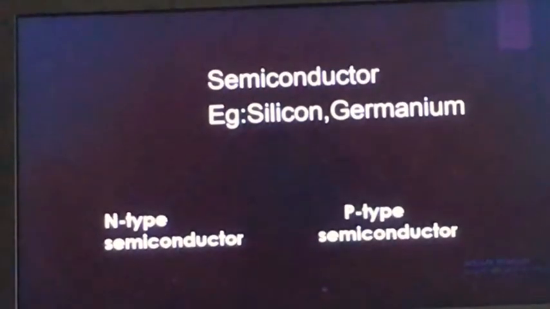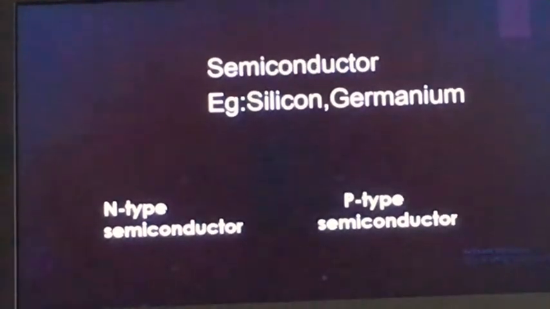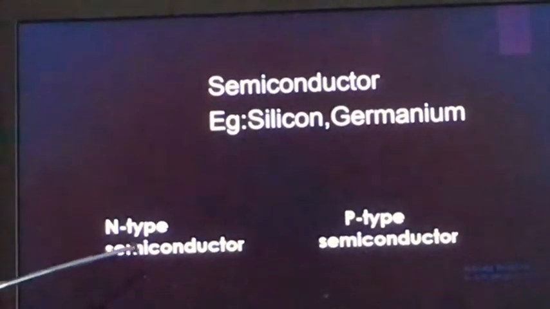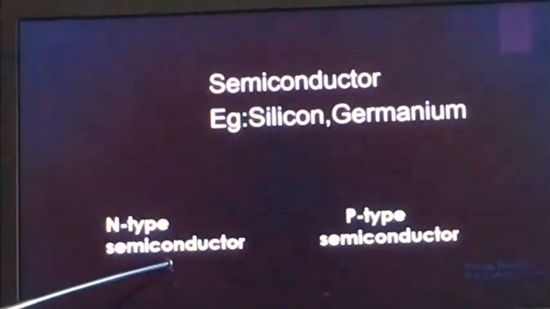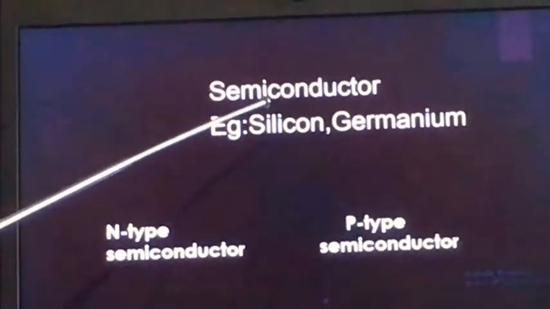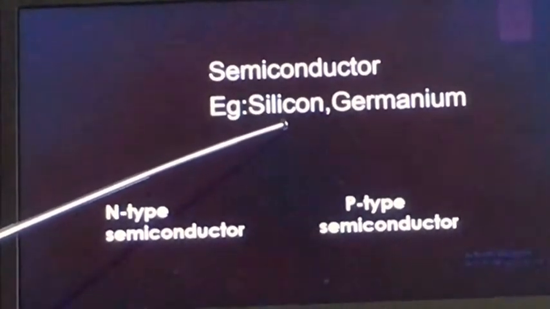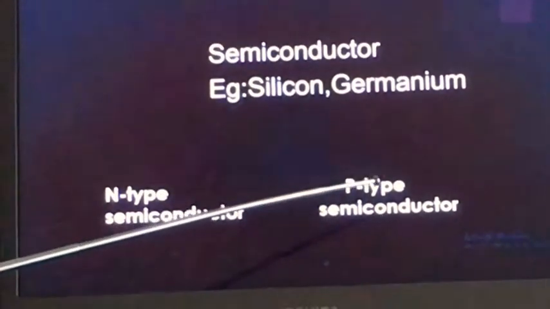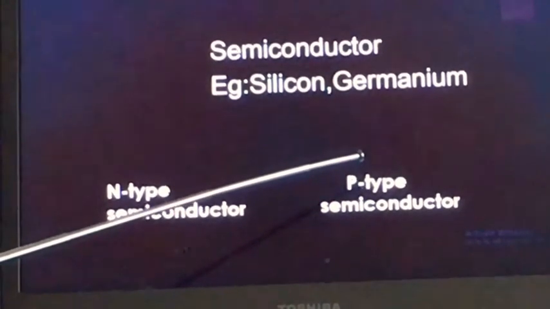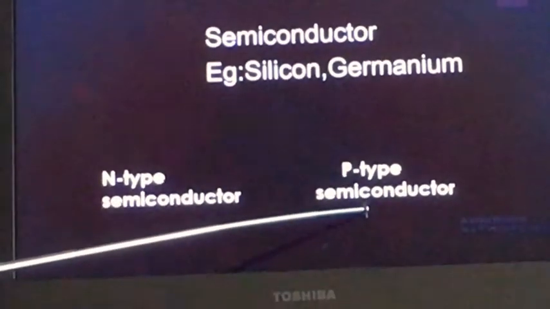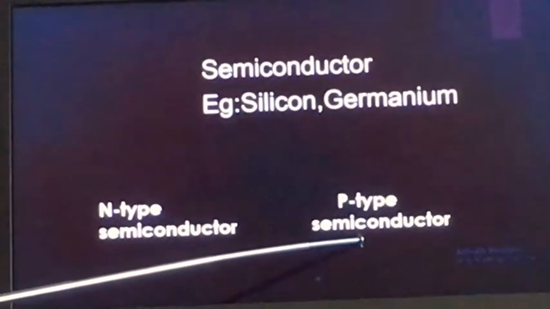Now when silicon is doped with arsenic or phosphorus, it results in the formation of an N-type semiconductor. But if silicon or germanium is doped with a group 3 element, say for example boron, then the semiconductor thus obtained is called a P-type semiconductor.